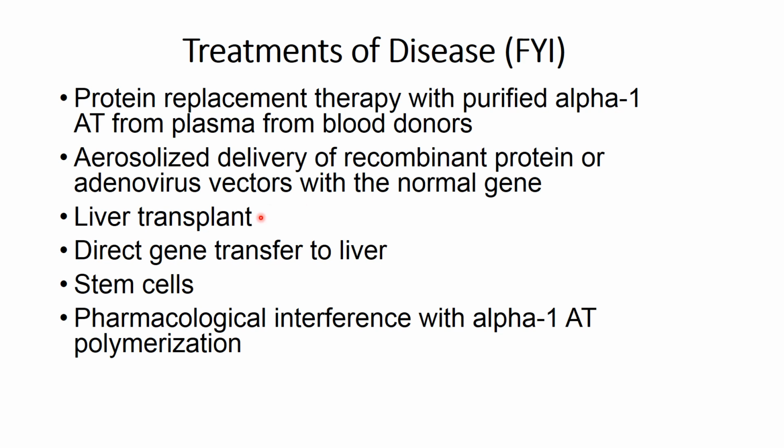In ZZ mutations, liver transplant is sometimes necessary, sometimes even kidney transplant. There are efforts to transfer the gene of the inhibitor into the liver, and stem cell treatment is also being developed.